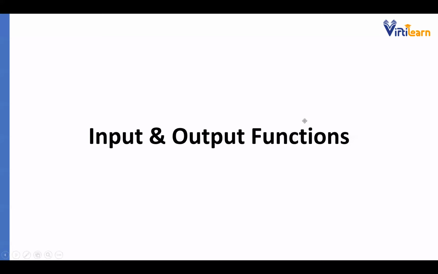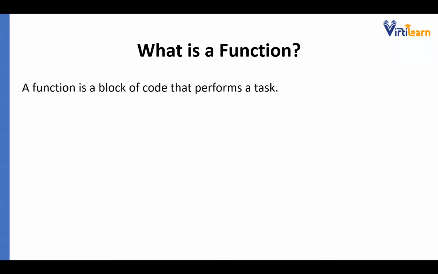Let's get started. So we are going to talk about input and output functions. Before we get started, first let us learn what is meant by a function. I'll simply reveal the answer here itself. A function is something which performs a task. Let's compare it with your housemate. Whenever you call her by her name, she will come to you.